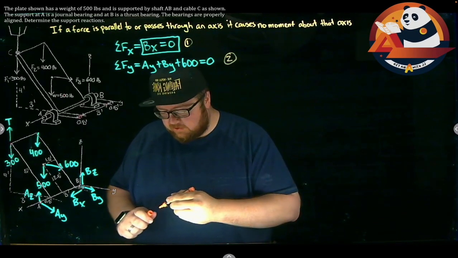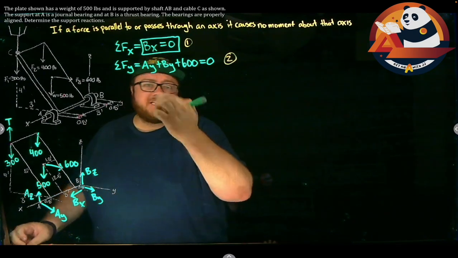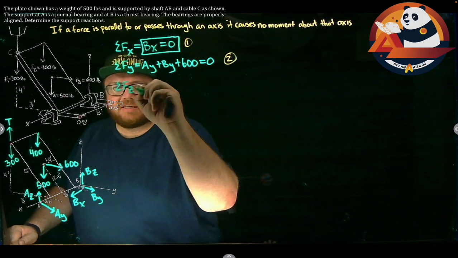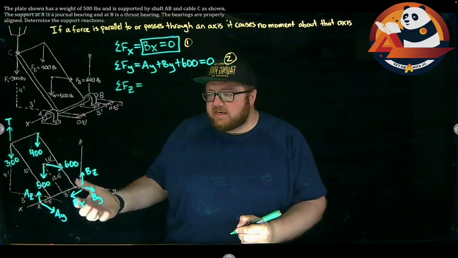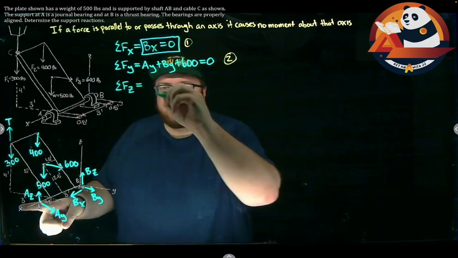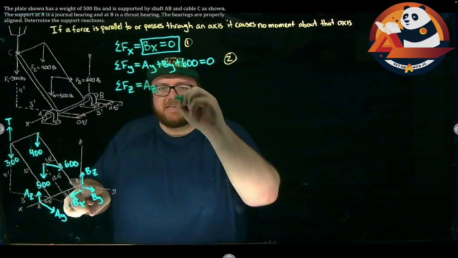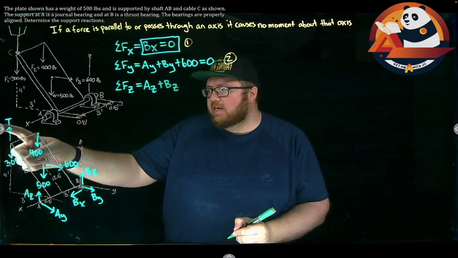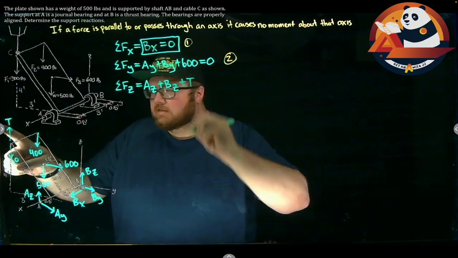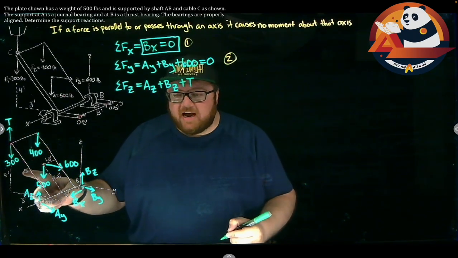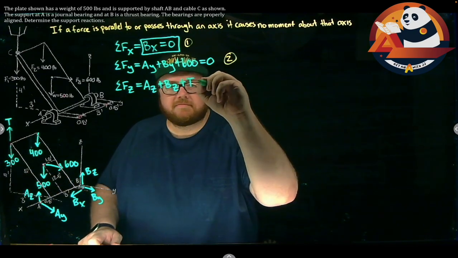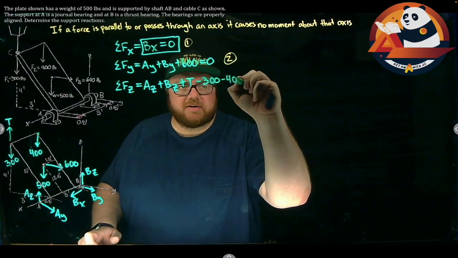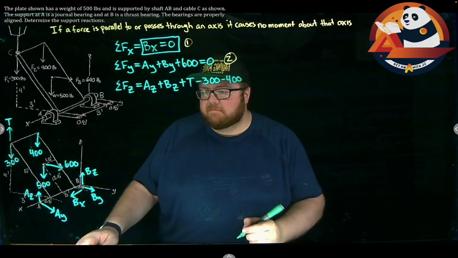And then finally, I can sum forces in the Z direction, my third force equation. Summing my forces in the Z direction, I have all my Z components of force. I have an AZ, a BZ plus BZ, and an unknown T plus T. I have F1 coming down, minus 300, F2 coming down, minus 400, and the weight coming down, minus 500.